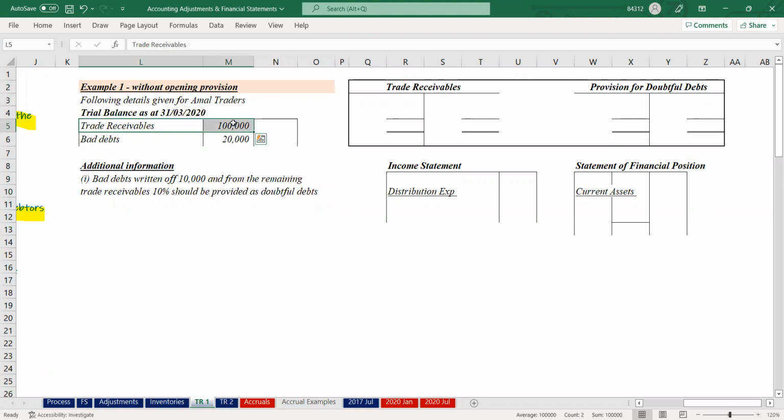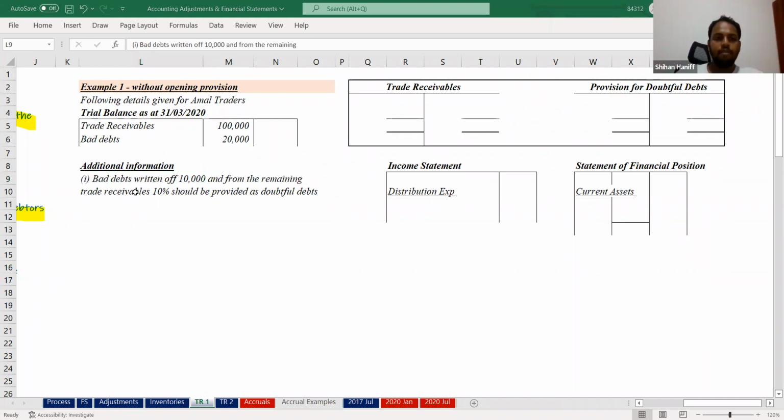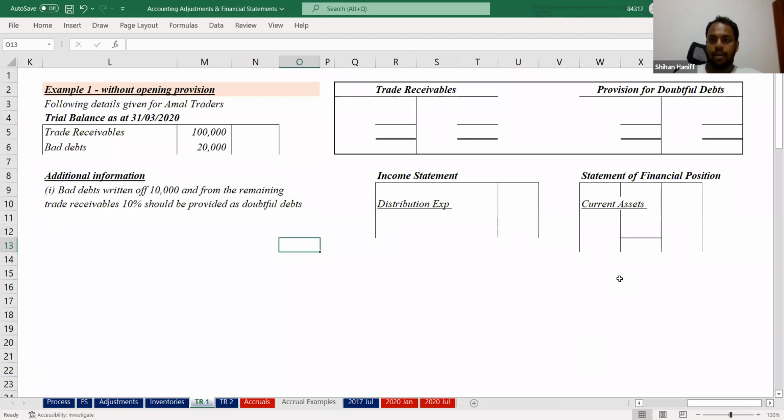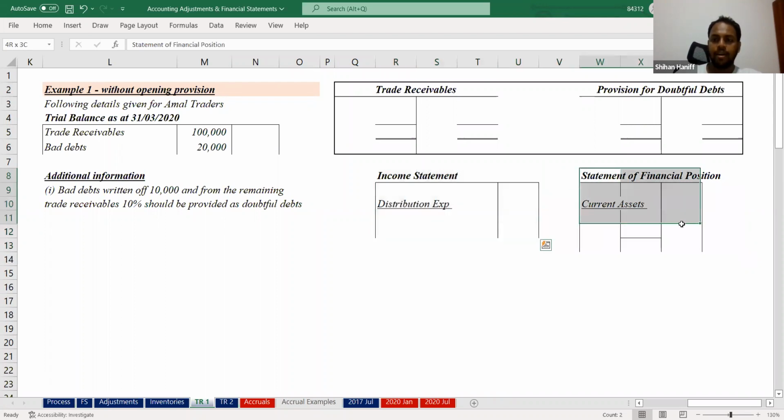Trade receivables 100,000, bad debts 20,000. Additional information: bad debts written off 10,000, and from the remaining trade receivables, 10% should be provided as doubtful debt. This is a general provision. Okay, what I want is the ledger accounts and the draft or highlights of the income statement and statement of financial position.